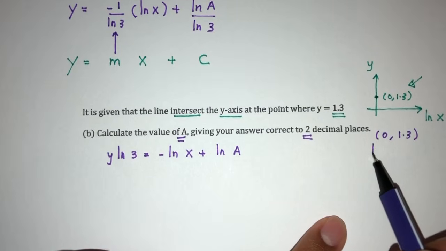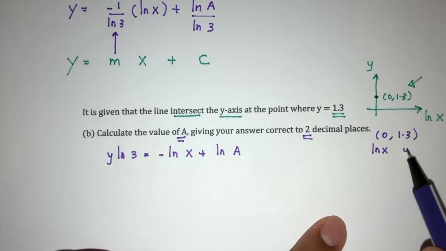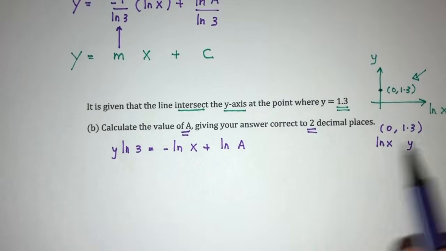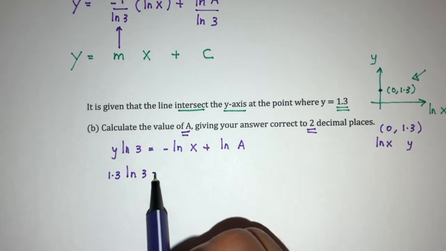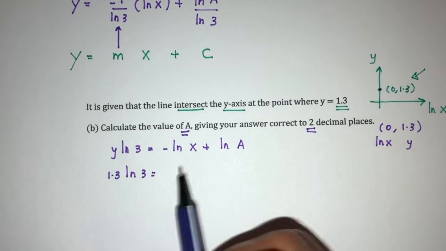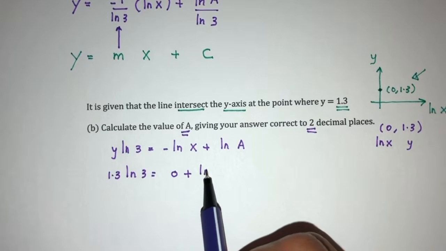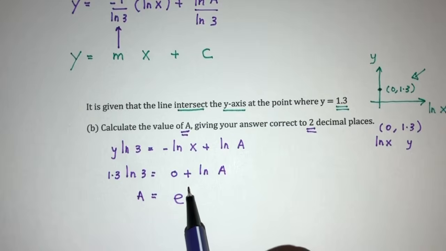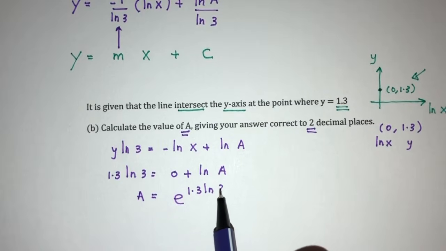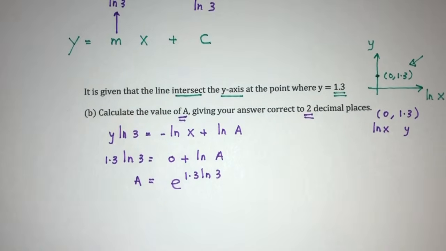Instead of x, it is ln of x, and this point has to be y. So just replace in your equation, you will have y is 1.3 ln 3, and ln of x is 0, that will be 0 plus ln of a. So a has to be exponential 1.3 ln of 3. So we have to know this here.